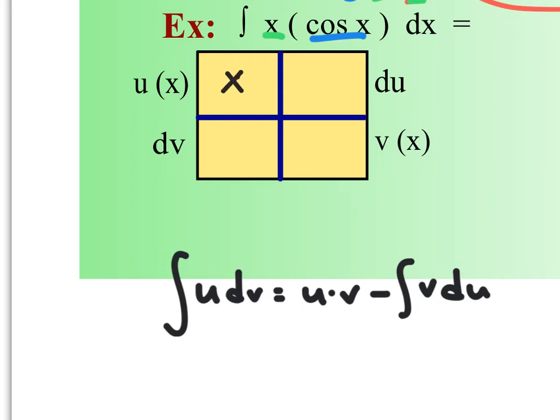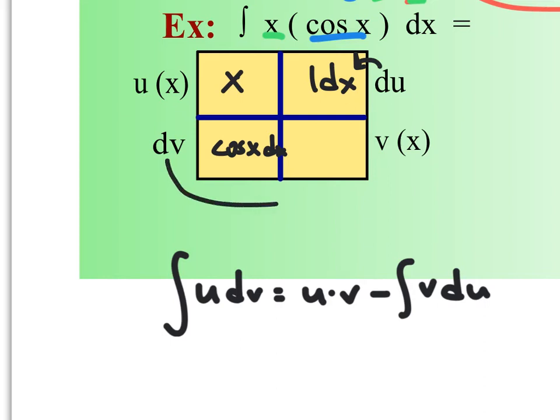So du, right, if I take the derivative of x, I get 1 dx. Okay, so du is going to be dx. Okay, that's what this is. All right, dv we said was cosine of x dx. So what is the integral?